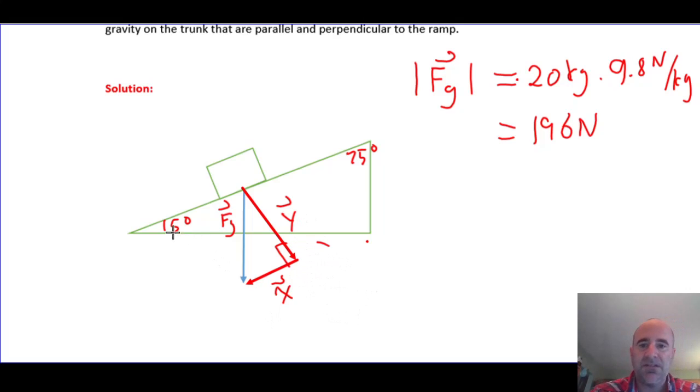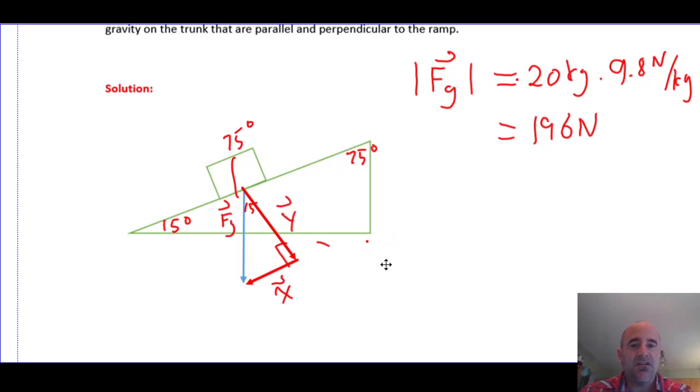Now, if this is 15 degrees, then right in here, I haven't left myself a lot of room, right in here is a 75-degree angle. And that means that there's another 15-degree angle in there. So this is just a right angle triangle we can solve. Remember, we know the hypotenuse of this right angle triangle is 196.